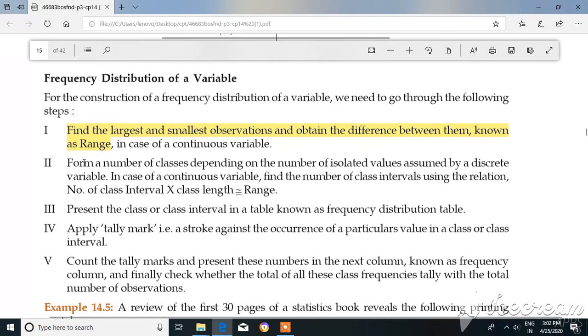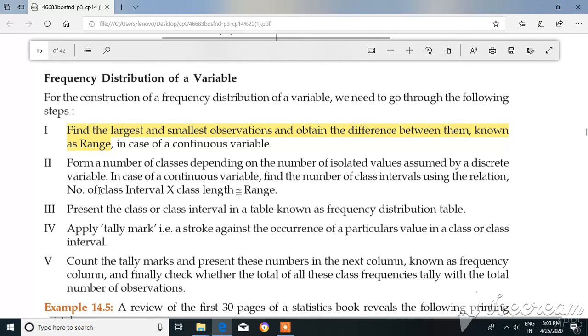The next one is: form a number of classes depending on the number of isolated values. So we have to make classes according to the observation values, assuming a discrete variable. In case of a continuous variable, find the number of class intervals using the relation number of class intervals into class length is equivalent to your range.